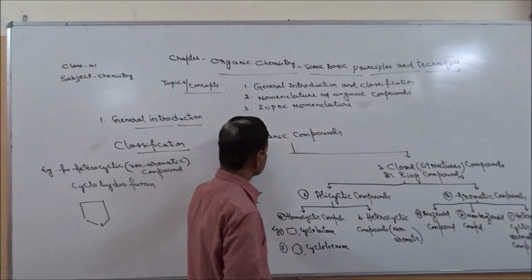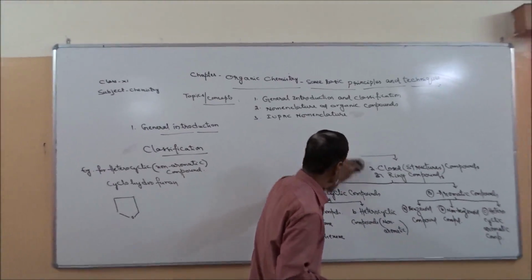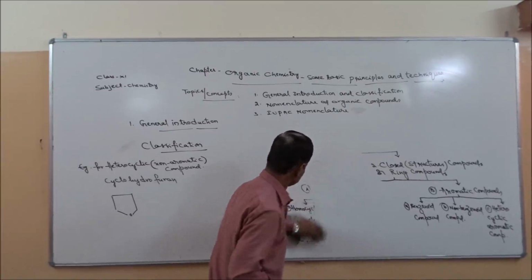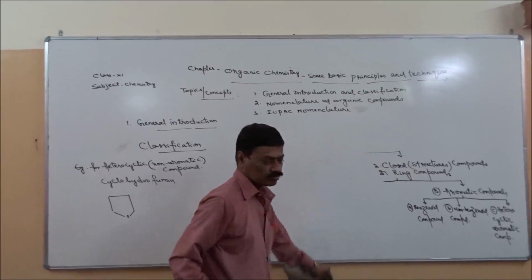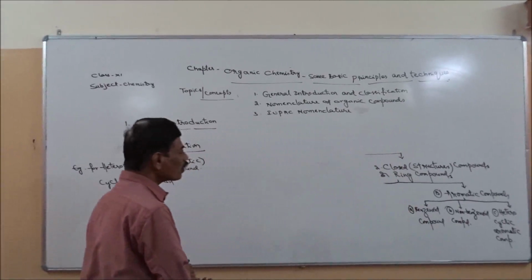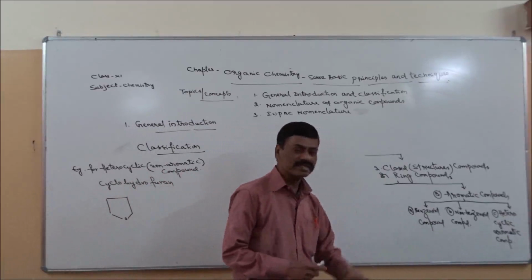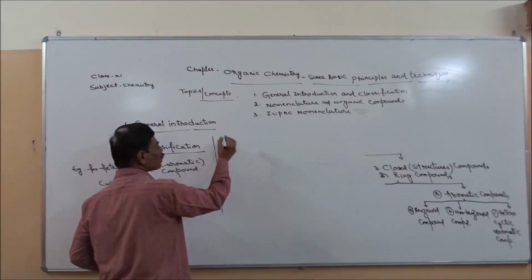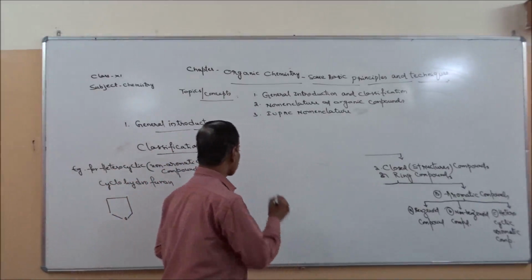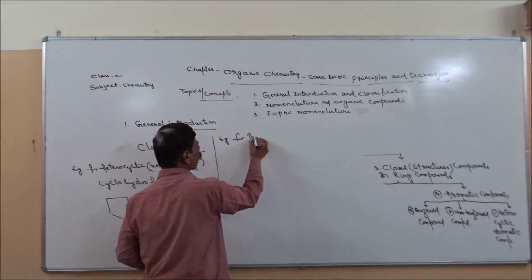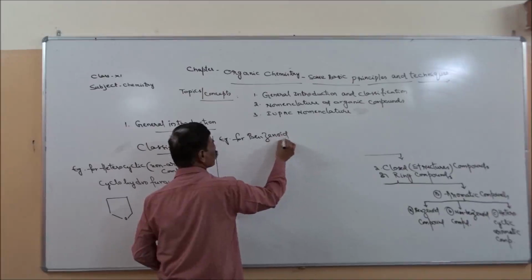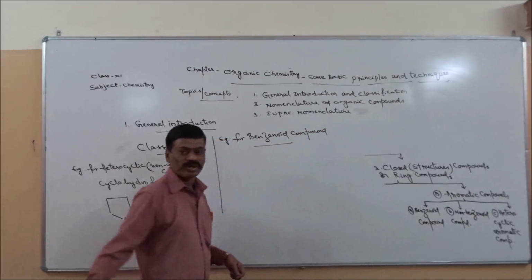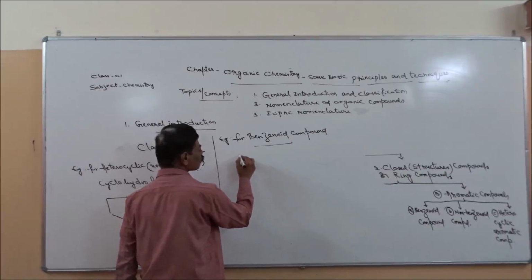Now we will move to aromatic compounds. Part of this I am erasing because I don't have space to write the examples. Now look at aromatic compound. In that, number one, benzenoid compound. Benzenoid compound means that compound which contains at least one benzene ring. So an example for benzenoid is benzene.